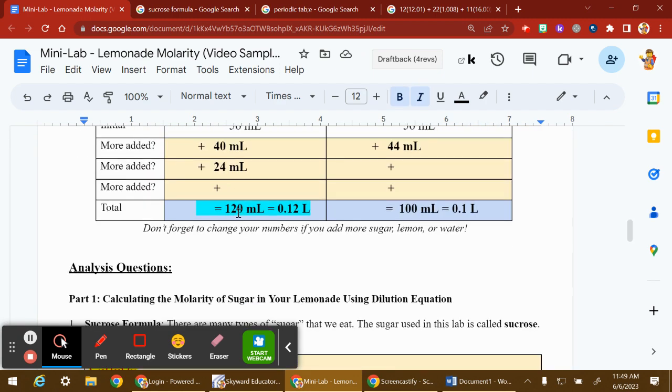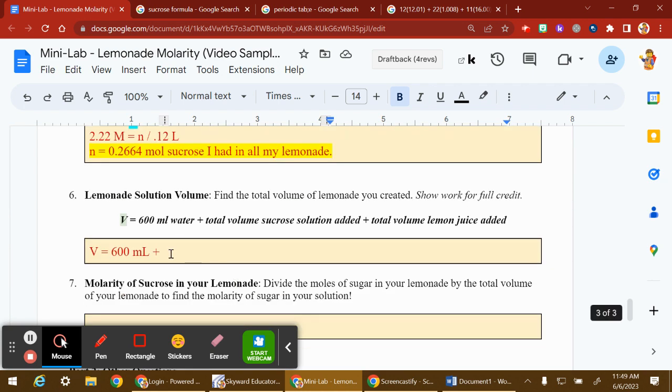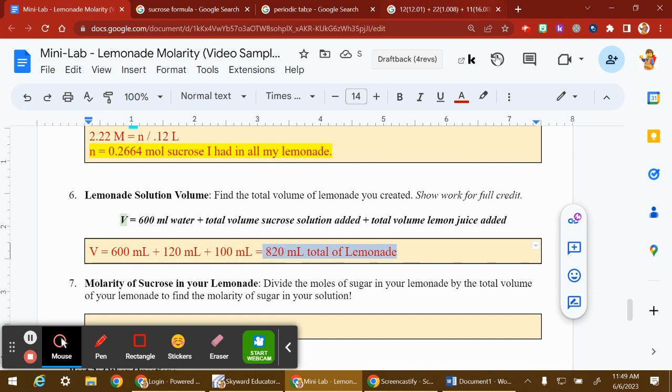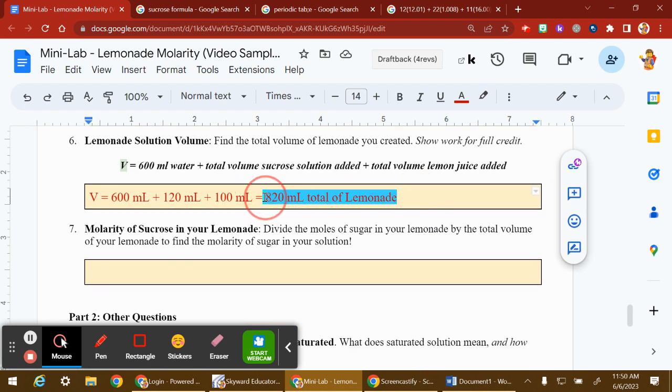So I added 120 milliliters of sugar solution and 100 milliliters of lemon juice, and that gives me 820 milliliters total of lemonade. 600 of it was from my starting amount of water, 120 was from all the sugar solution I added, and 100 was from all the lemon juice that I added, for a total of 820 milliliters.